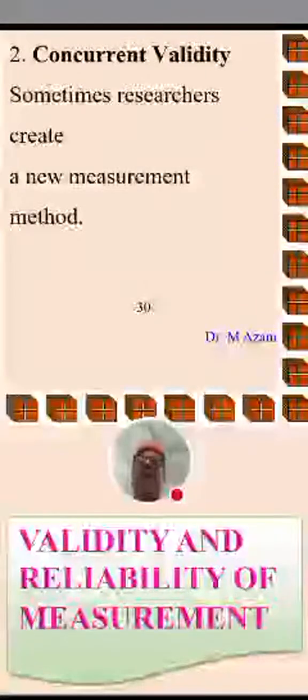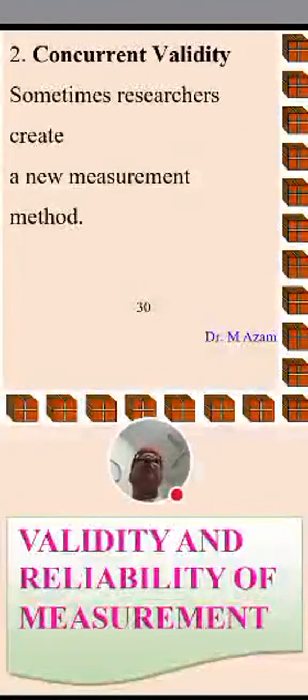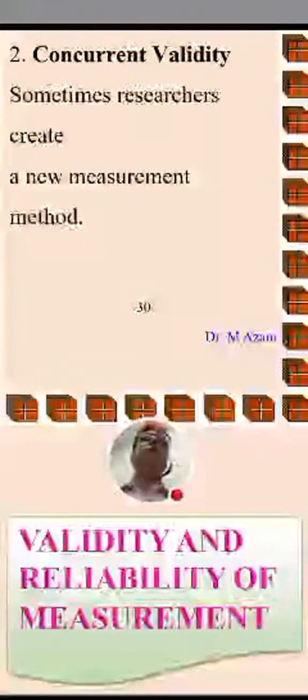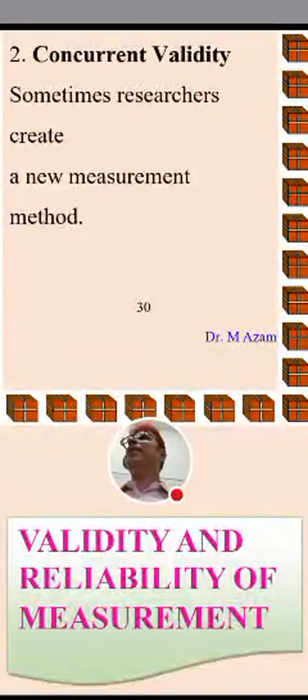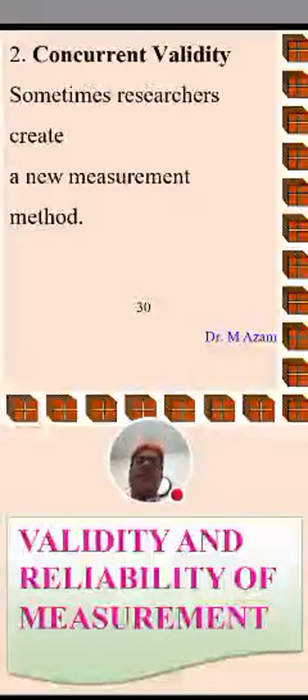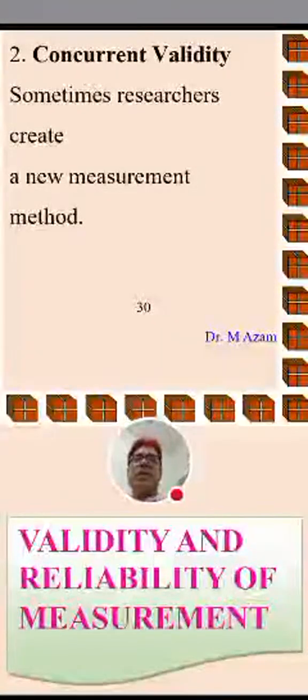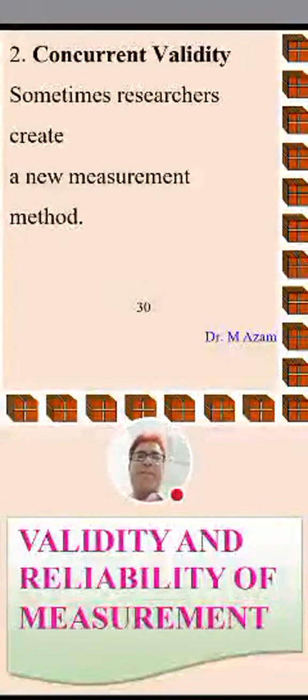The second type of validity is concurrent validity. Sometimes researchers create a new measurement method.